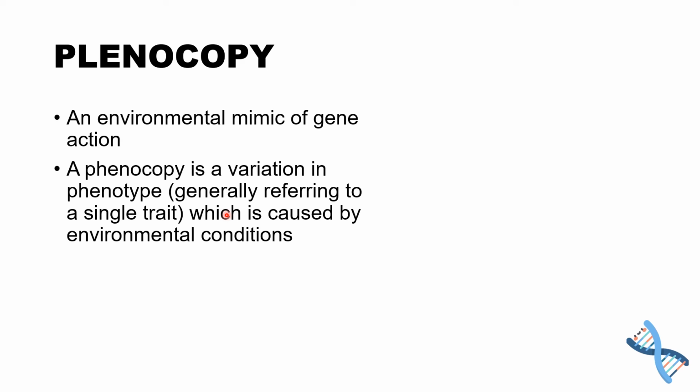So, an example of this phenocopy is yung sa Himalayan rabbits. So, when raised in moderate temperature, yung mga Himalayan rabbits natin, they express yung white in color with black tail, nose, and ears, making them phenotypically distinguishable from yung genetically black rabbits.